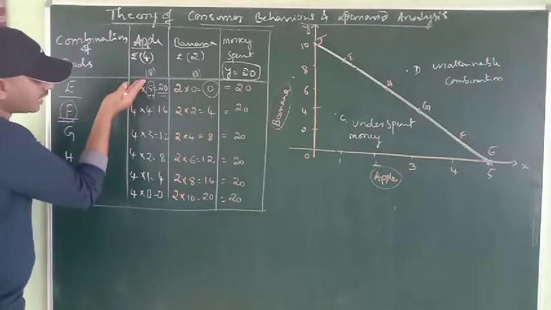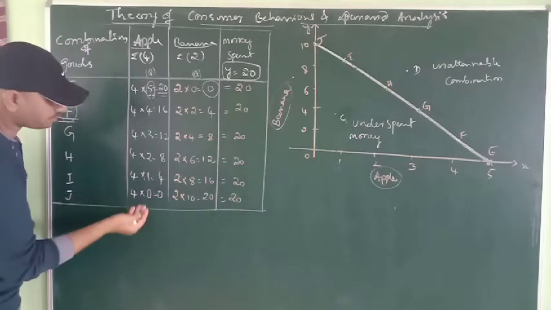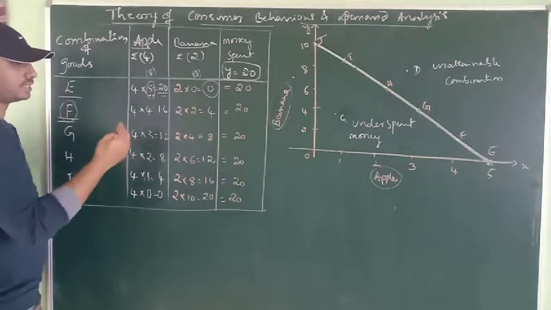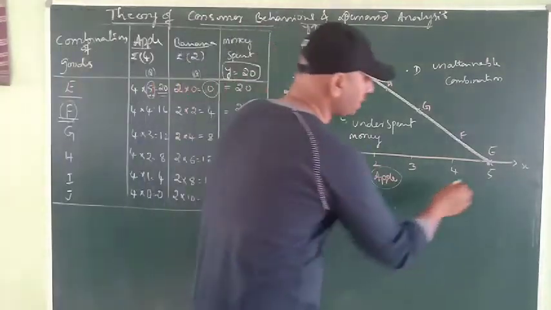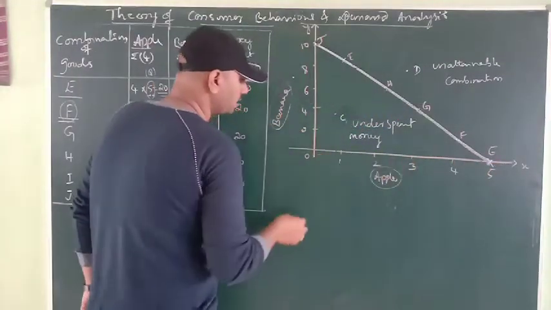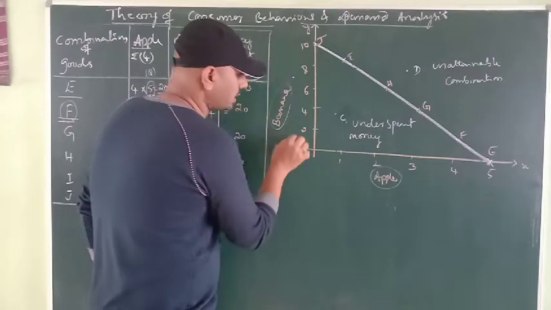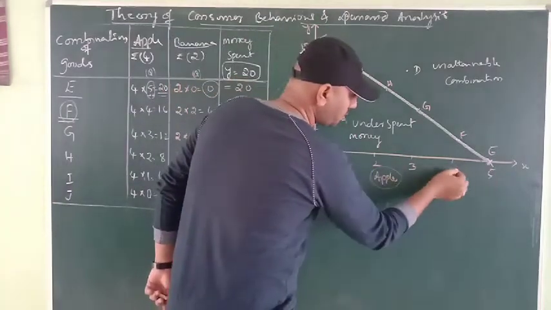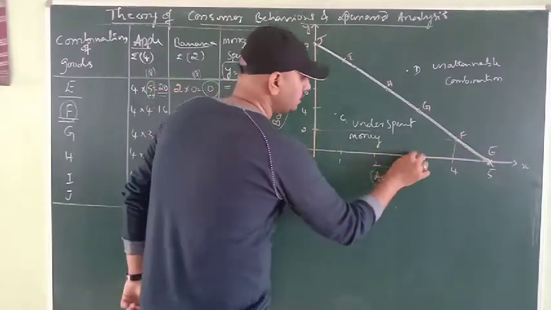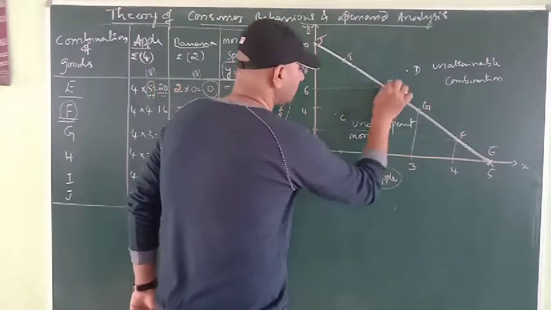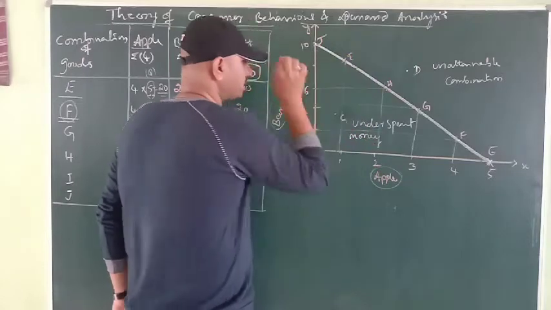Likewise, when he sacrifices some units of X good, he gains some units of Y good. When he has taken 5 units of apple, he has zero amount to get a banana. When he decreases from 5 to 4, he takes 2 units of banana. Likewise, when one thing is sacrificed, another thing is gained.